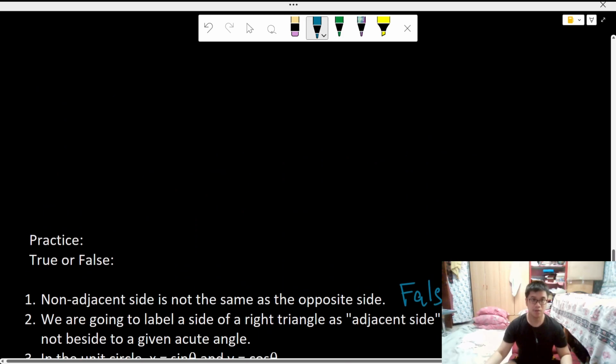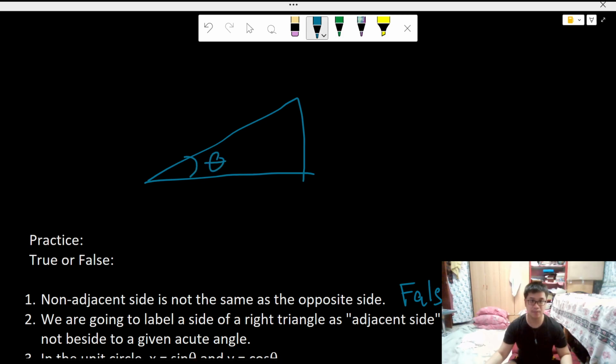Why? So you see, if we have a right triangle here, and let's assume that we have an acute angle here. If a side that is beside this acute angle, to be particular, it's a leg. If there is a leg that is beside this angle, acute angle to be particular, that side would be your adjacent or ADJ in short.